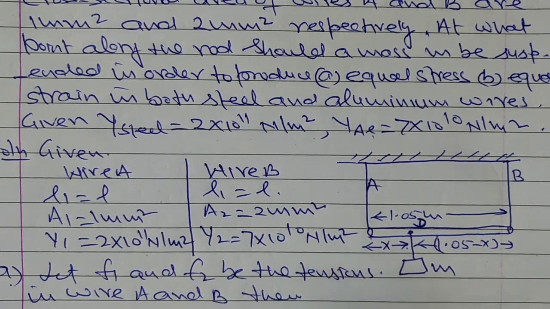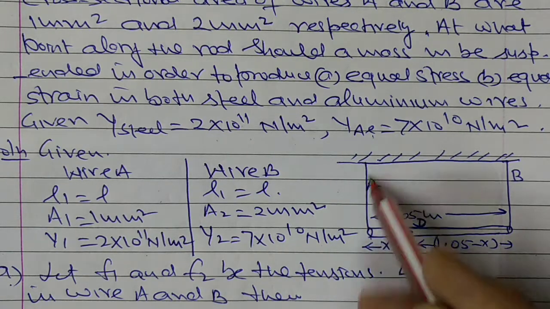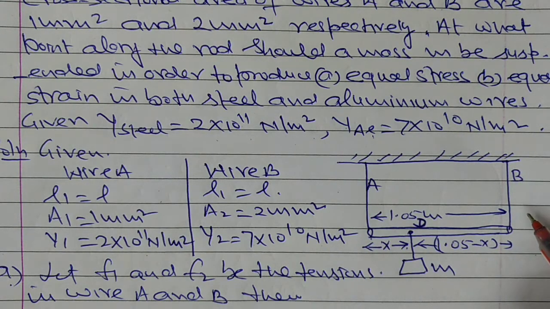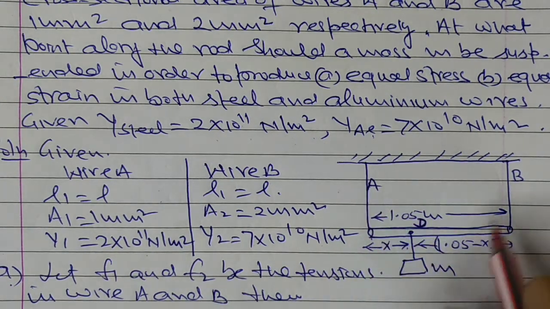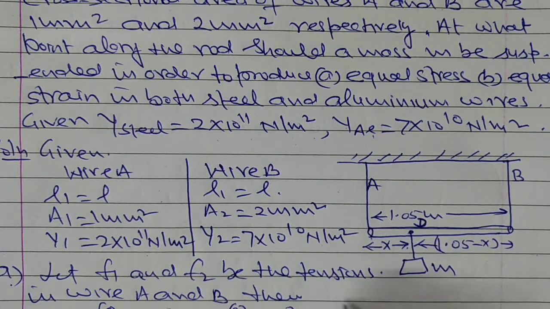Then on suspending this mass, suppose tension F1 develops here and F2 develops here, and we are given that we have to produce equal stress. Therefore stress in wire A is equal to stress in wire B. Now this stress, force upon area: F1 upon A1 is equal to F2 upon A2.